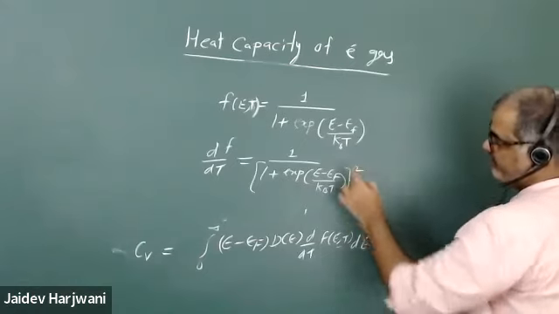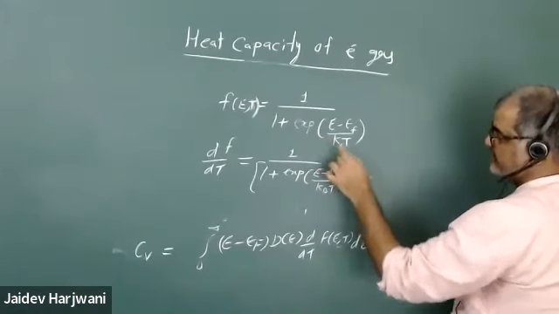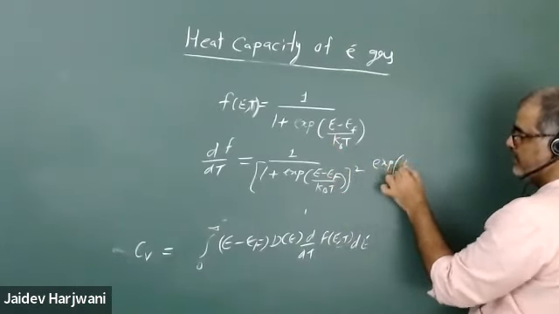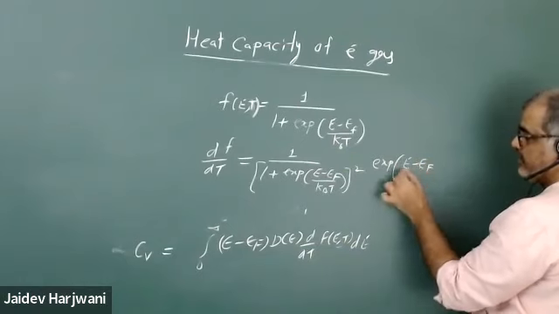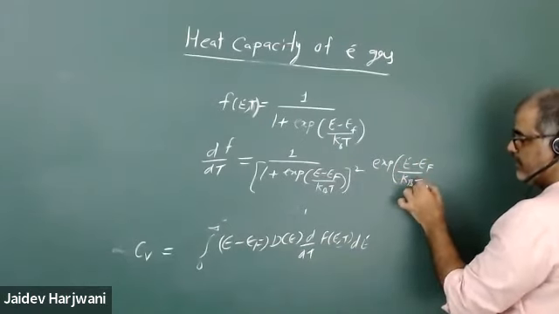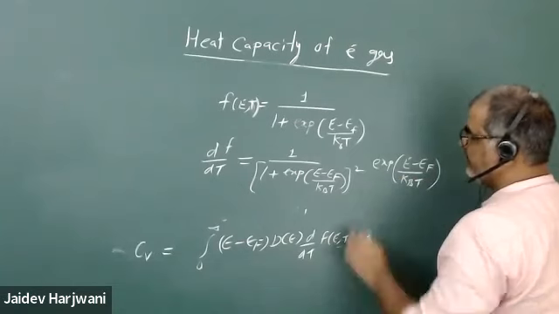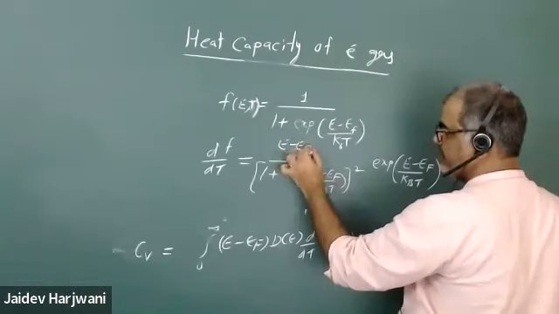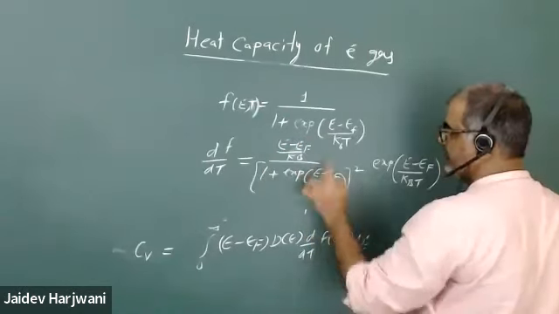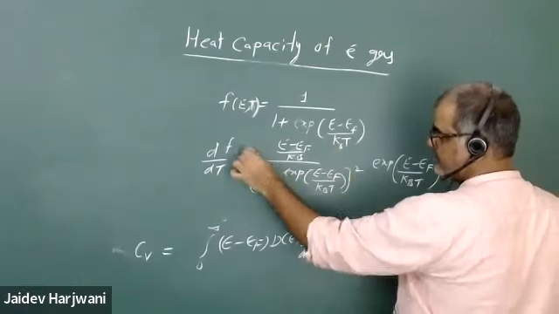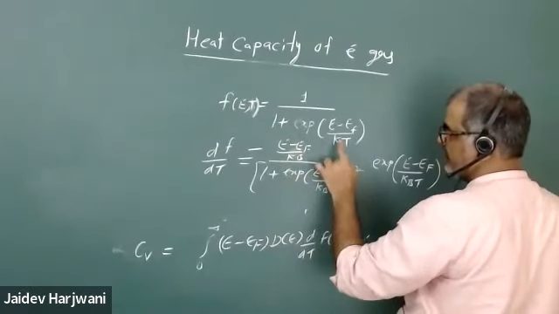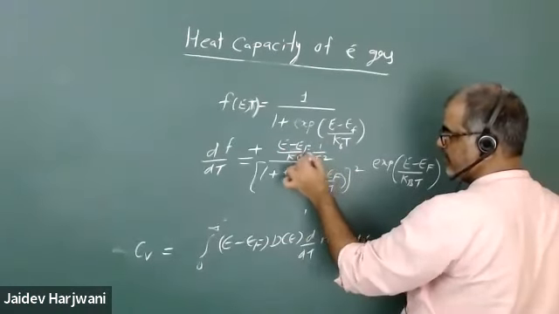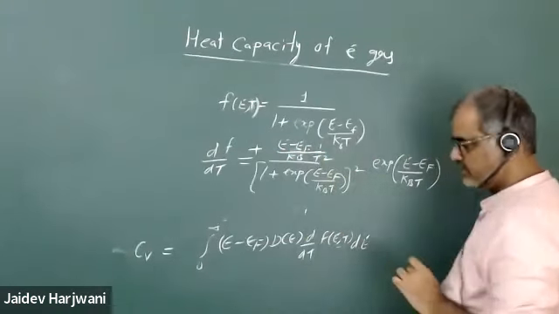And again if we differentiate this one, I get exponential (E minus E_F) upon k_B T, and if I differentiate the exponent, I have (E minus E_F) and k_B there. This is already minus, and if I do 1 by T, this minus will come and it will be 1 by T square. So this is the differentiation.